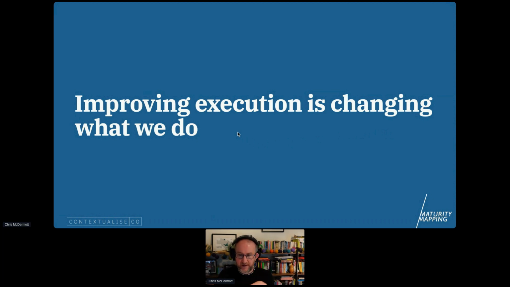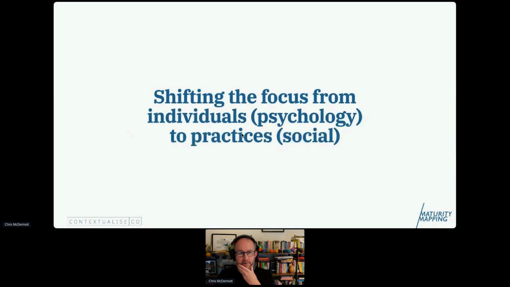It's improving what we do. And with maturity mapping and its use of practice theory, looking through that practice lens, we want to shift the focus from the individual and the actions of the individual, a psychological focus, to that of a social focus and on the practices, the things we do and share.